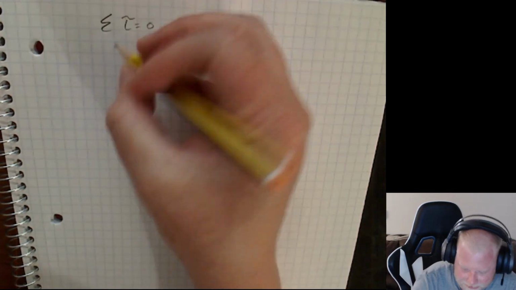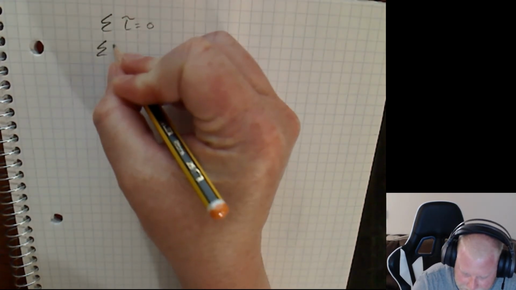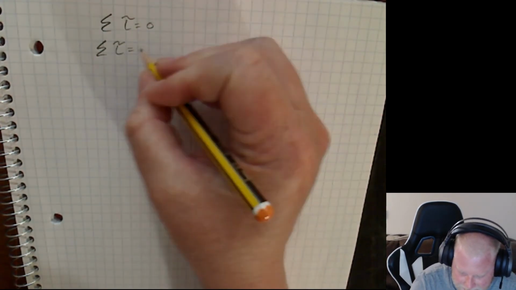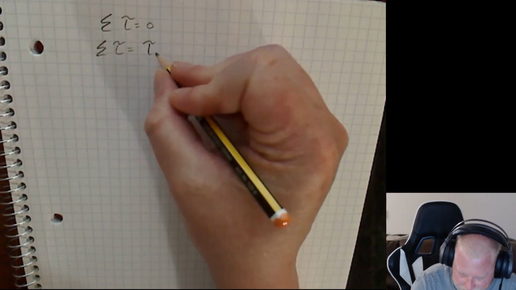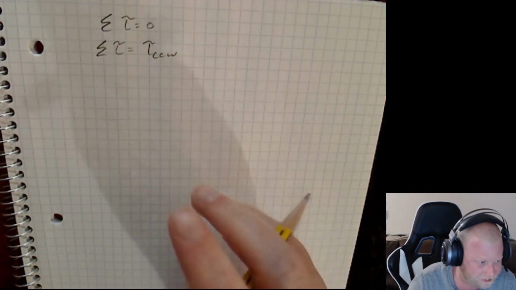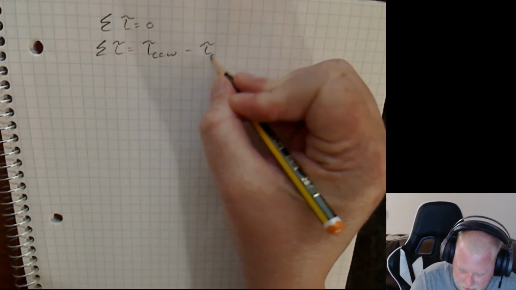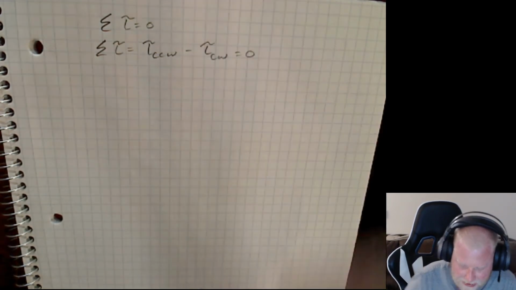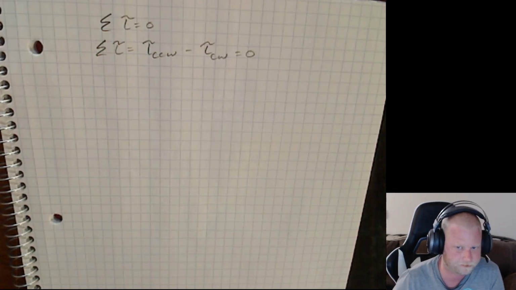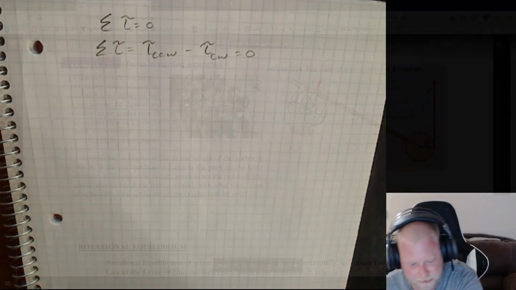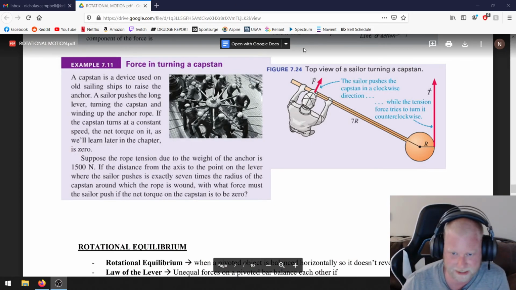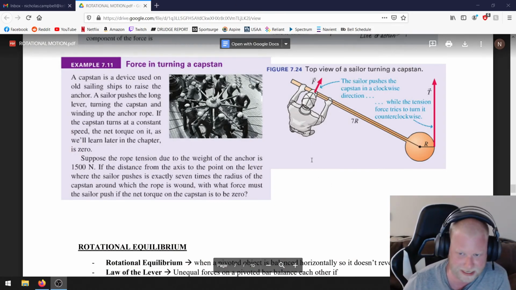Meaning that our net torque is equal to the counterclockwise torque, which would be positive, minus your clockwise torque, which would be negative, and they cancel each other out. If we look at the image again, the sailor is providing a clockwise torque, so he's going to be negative.